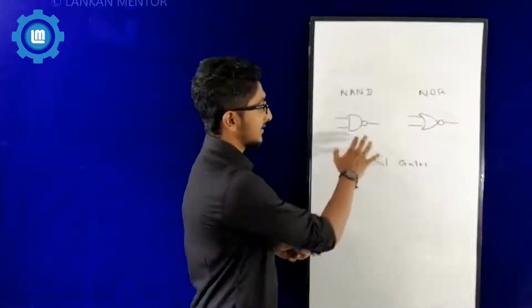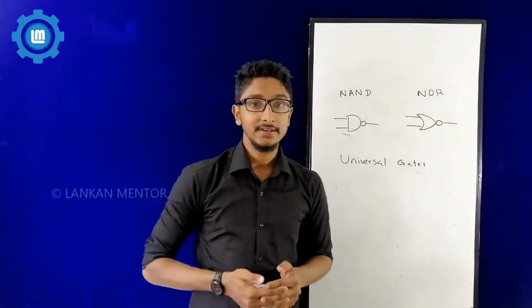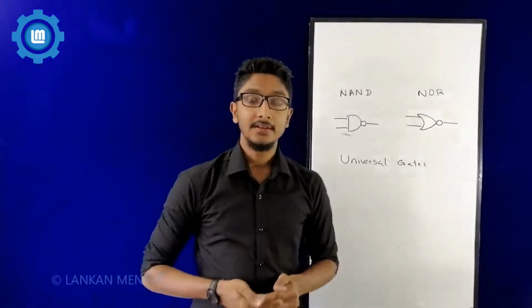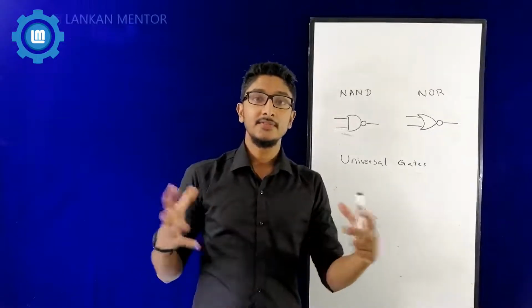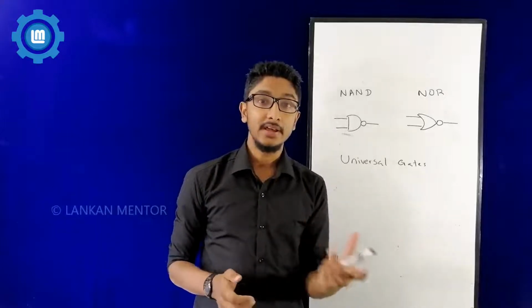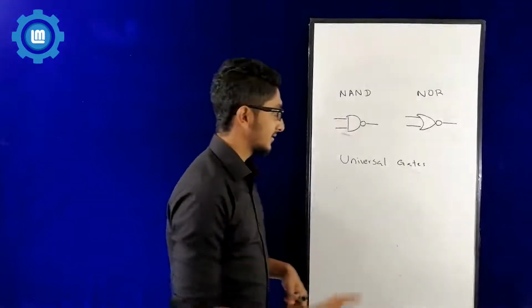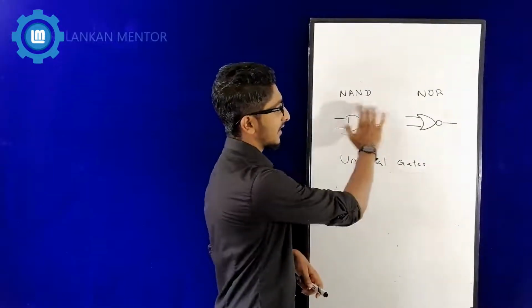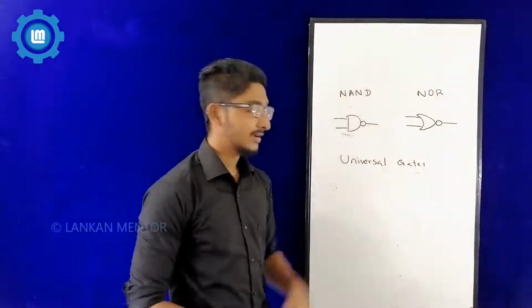NAND gate and NOR gate are called universal gates because they are used in many integrated circuits to make the process of building chips, computer equipment, and electronic equipment easier. So these two are also called universal gates.